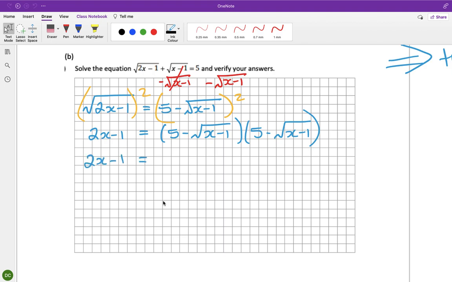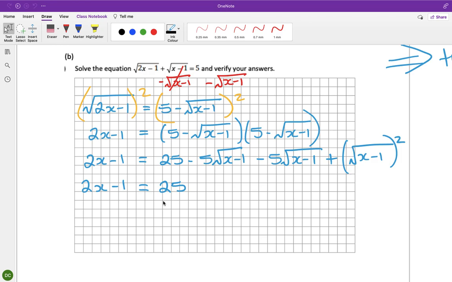So it is 25 minus 5 root x minus 1 minus 5 root x minus 1 plus the square root of x minus 1 squared. So 2x minus 1 equals 25 minus 10 root x minus 1. And then the square and the square root cancel, so it's just plus x minus 1.